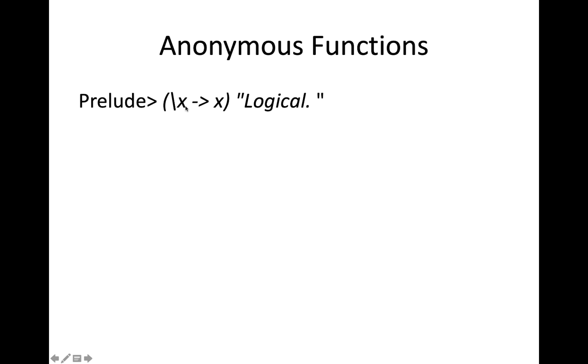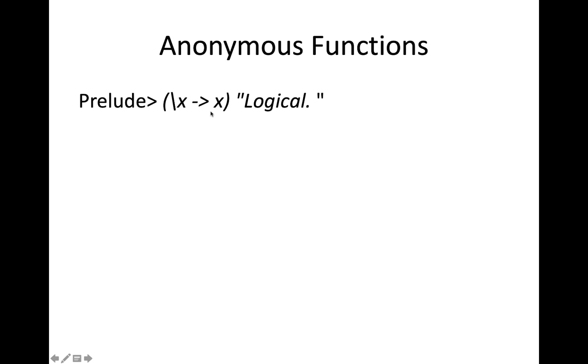So backslash x means x is the parameter of this anonymous function. Then this arrow means whatever the function converts that parameter, that input, to this right hand side, which is the output. And here we see that nothing gets changed. The output is exactly the same as the input.